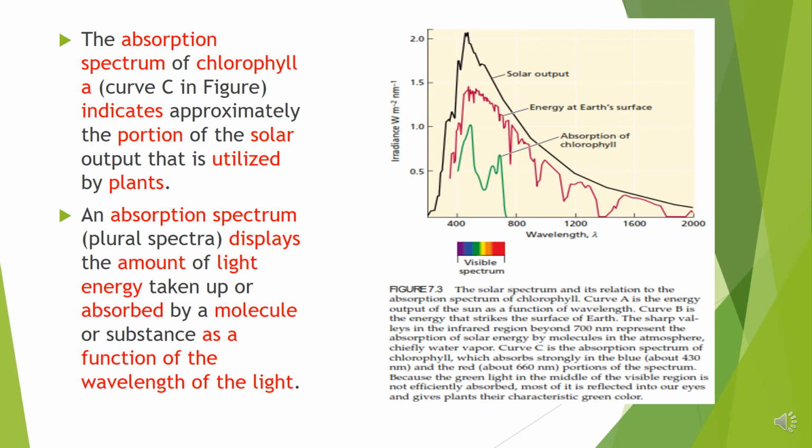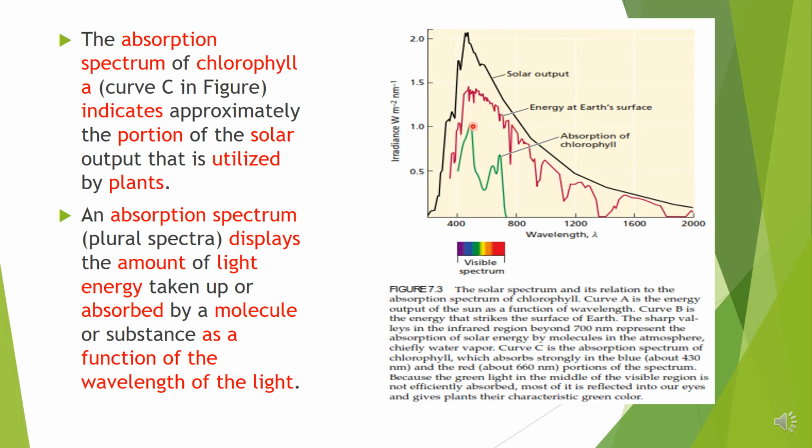Next, the absorption spectrum of the chlorophyll a molecule indicates approximately the portion of the solar output that is utilized by plants. In this diagram the absorption spectrum is shown. The sunlight coming ranges from almost 0 to 2000 nanometers, whereas the fraction of light reaching the earth's surface ranges from less than 400 nanometers up to 2000 nanometers, indicated by the red line.